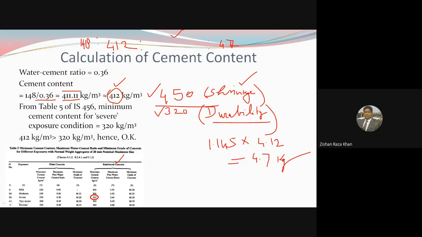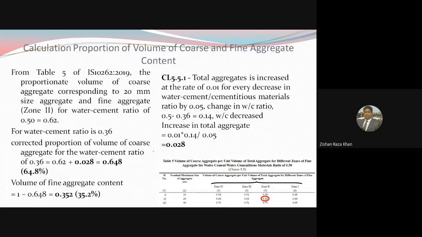Now the aggregate part. It is a little bit tricky, so please see carefully. Now from table 5, total volume of coarse aggregate per unit volume of total aggregate for different zones of fine aggregate for water cementitious material ratio of 0.5. See what is given.